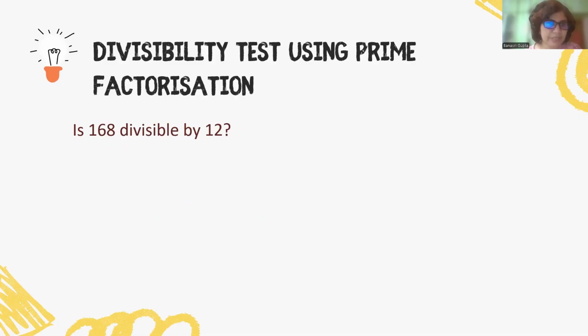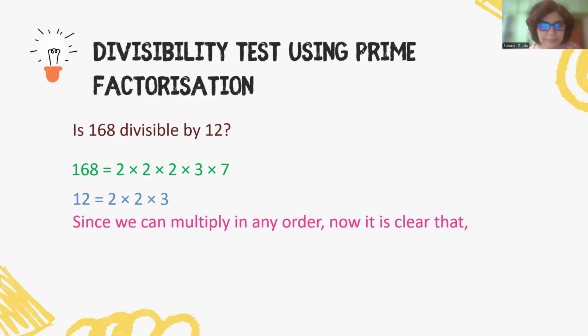So let's see whether 168 is divisible by 12. Larger number will be divisible by the smaller number. So first we'll do the prime factorization of the larger number, then of the smaller number. Since we can multiply in any order, we can rearrange and write 168 as 2 into 2 into 3 into 2 into 7.